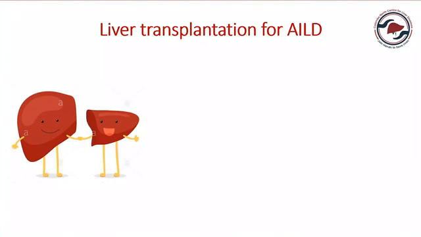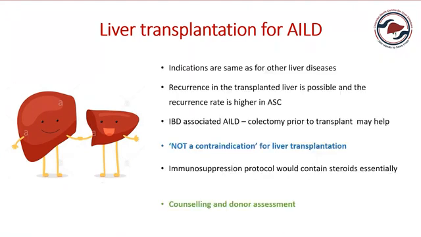So, liver transplantation for autoimmune liver disease is the ultimate cure for a child who comes with acute liver failure and is not responding to medical therapy, as well as for a child who has established cirrhosis, who again would not respond to medical therapy. The indications for liver transplant in this disease are similar to other liver diseases, like decline in synthetic functions and the degree of portal hypertension.